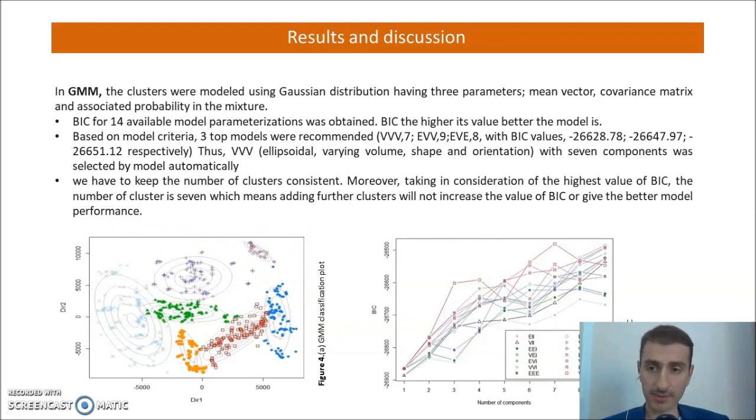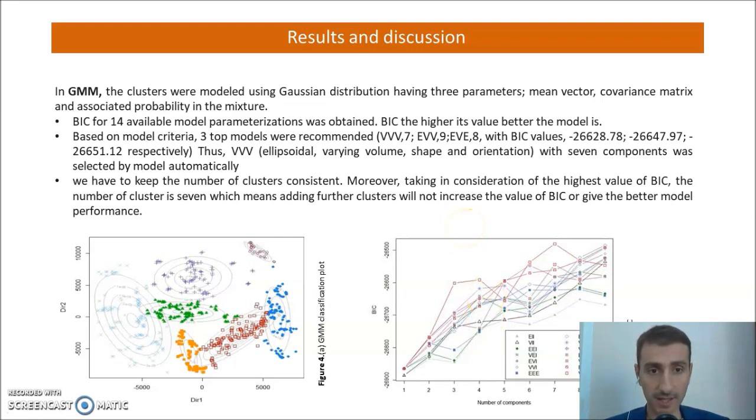So now in the GMM, we have to use the BIC, as you said. The BIC for these variables shows us 14 available model parameterizations that were obtained.